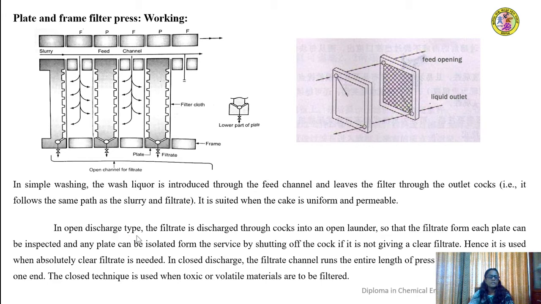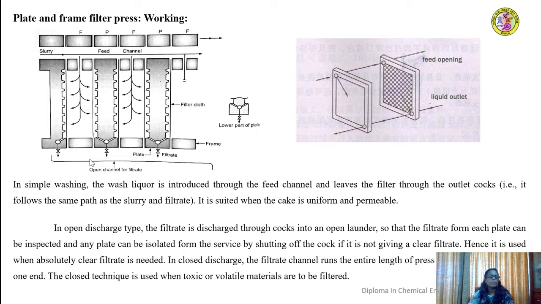In the open discharge type, filtrate is discharged through cocks into an open launder so that the filtrate from each plate can be inspected, and any plate can be isolated by shutting off the cock if it is not giving clear filtrate. This is all about the channel that is taking out the filtrate from the filter press.